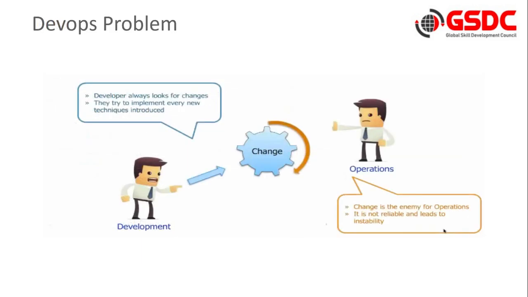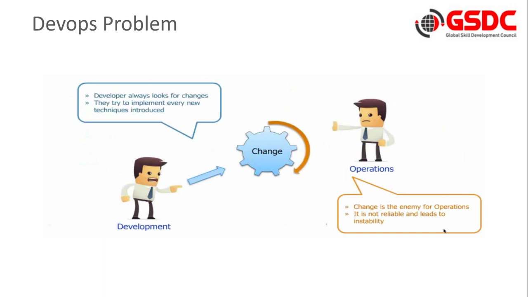Let's see the typical life cycle of how the whole process of developing any application goes. Usually, we take the requirements from the customer, and then the developer works on that and creates the product.